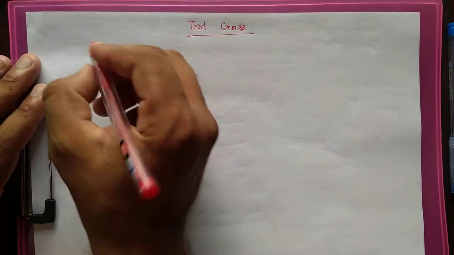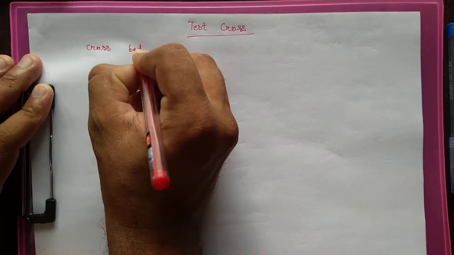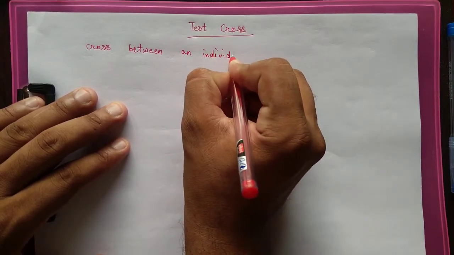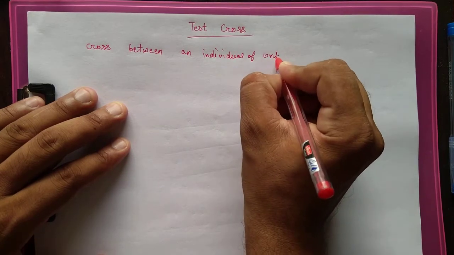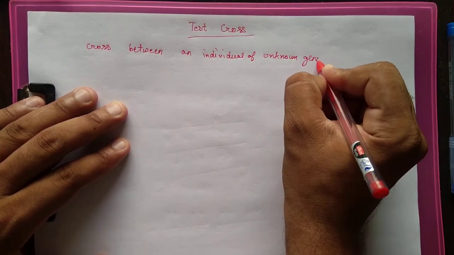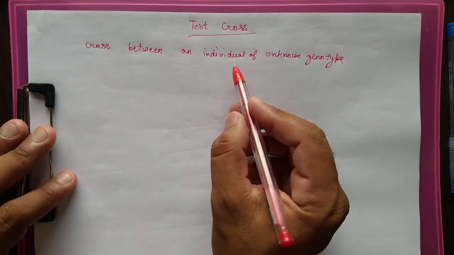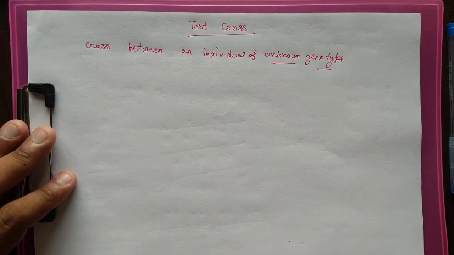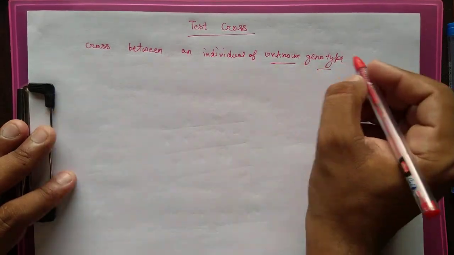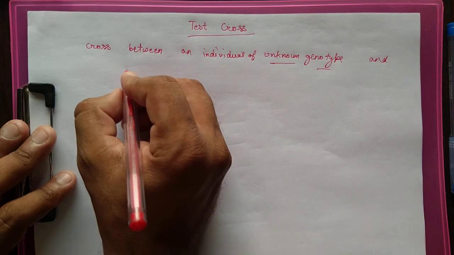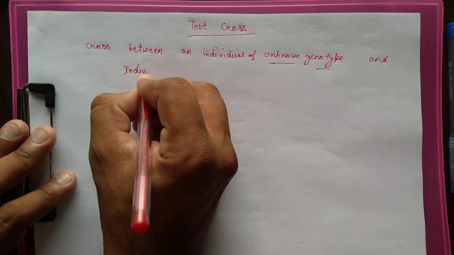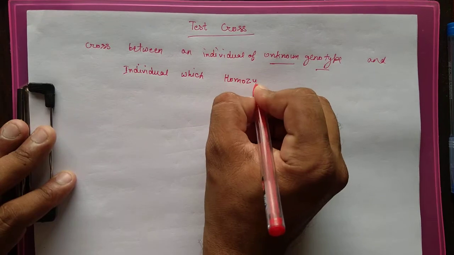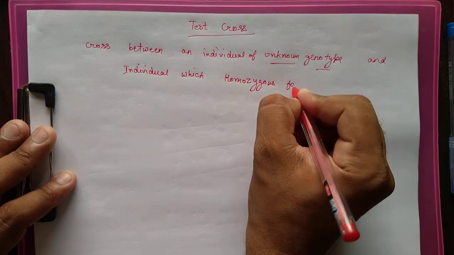A test cross means a cross between an individual of unknown genotype, meaning we have a genetic constitution or a character but we do not know the genotype, and an individual which is homozygous for recessive.